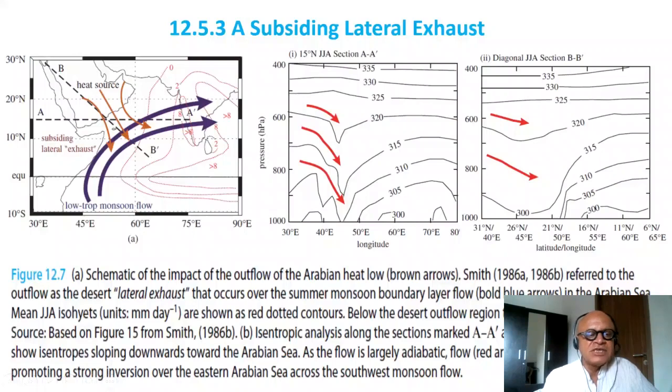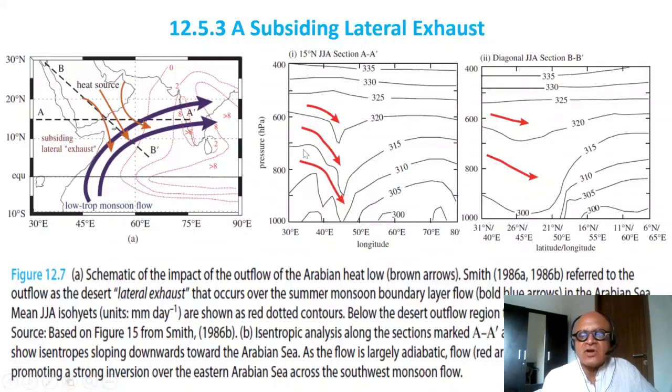The mean JJA isohyets, or the rainfall contours, are shown here. So you can see the Western Ghats rain and Bay of Bengal rain and the core monsoon rain and so on. Below the desert outflow region, there is a minimum of rainfall. Obviously, once you get into this Somali upwelling region and the desert, there is no rainfall here.